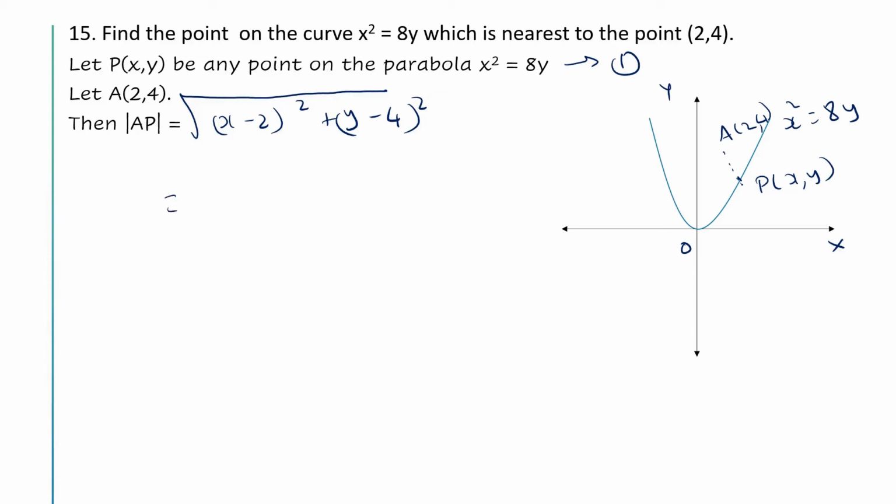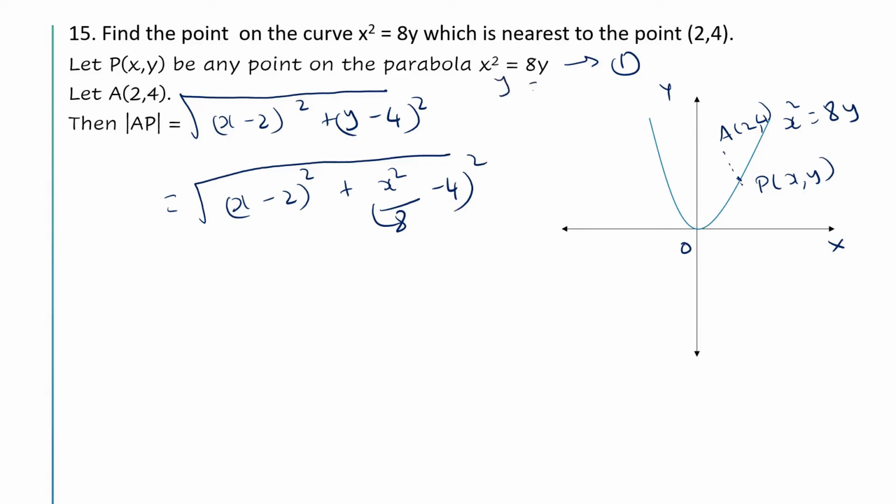So this is equal to under root x minus 2 the whole square plus x square by 8 minus 4 the whole square. So from here we have y is equal to x square by 8, that I am substituting here, from the given equation 1.